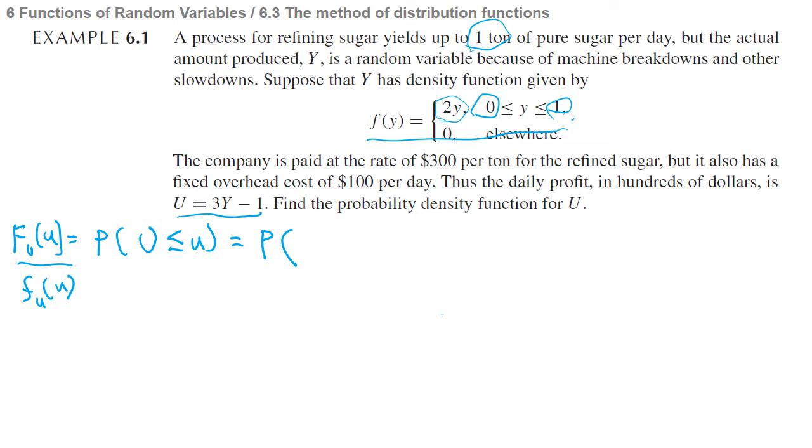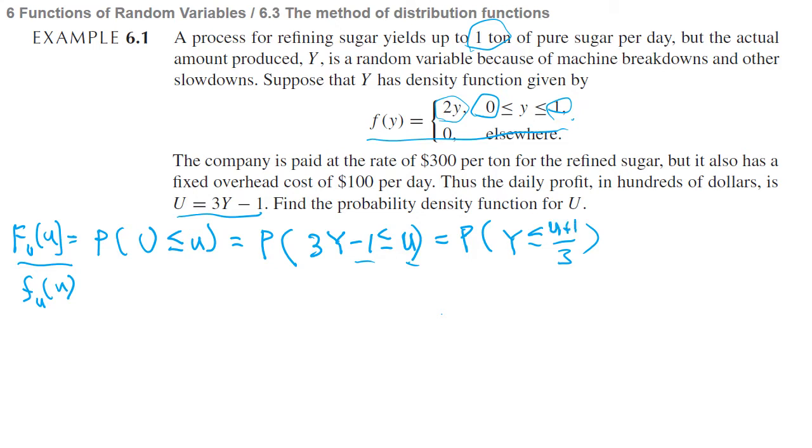By definition, U is 3Y - 1. From here, this is the same as the probability of moving the minus 1 to this side and moving this 3, which is (u + 1)/3. Oh, sorry, this part is u, so u plus 1.